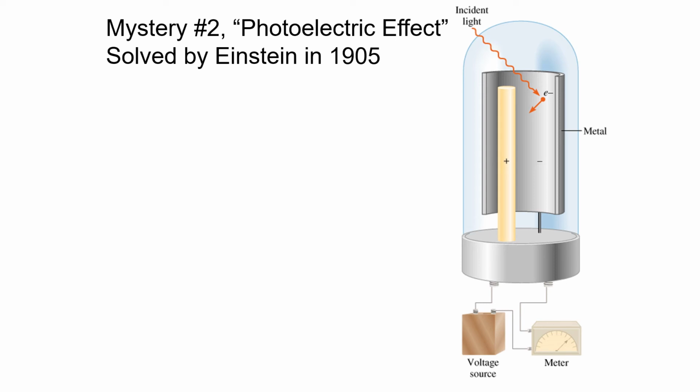And we see this apparatus here in which we have a metal inside this area or sealed container. And it is also attached to a voltage source, and we have a meter to measure that voltage. And we see light that is shining on this metal, okay?